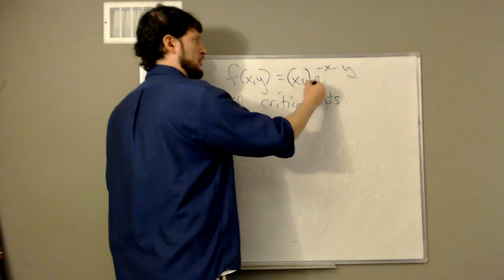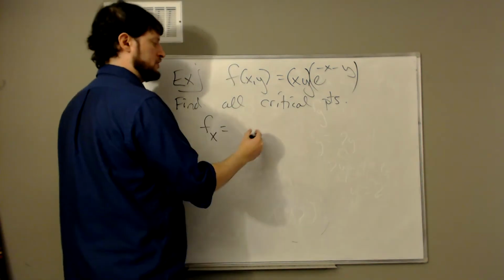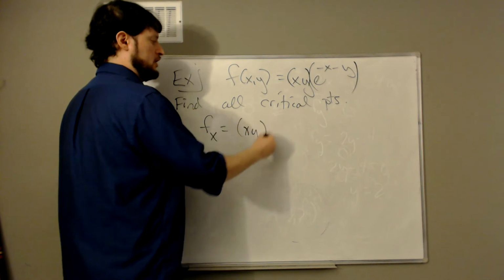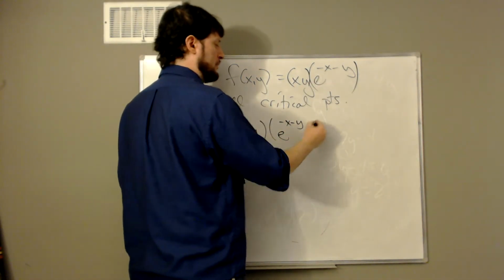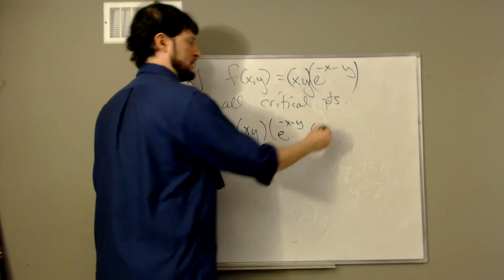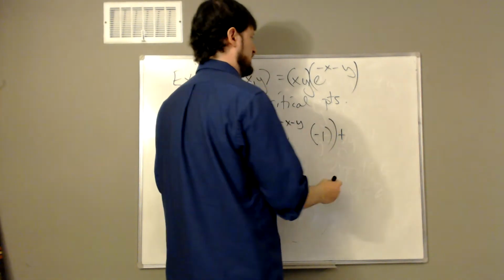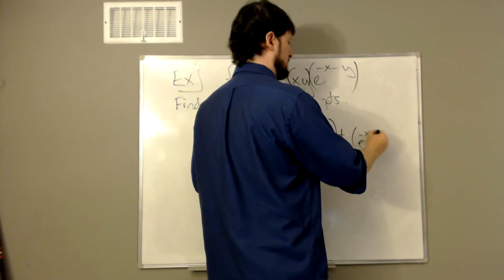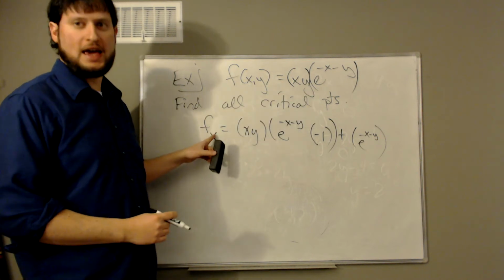I'm going to think about this as my product. If I apply the product rule, the first is xy, times the derivative of the second, which is e to the exponent times the derivative of the exponent with respect to x, which is -1, plus the second, which is e to the minus x minus y, times the derivative of the first with respect to x.